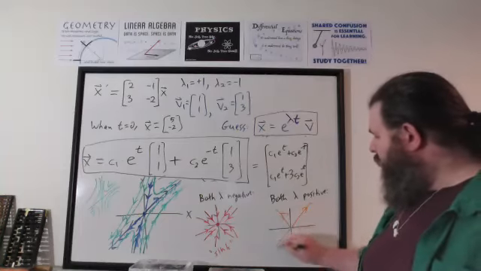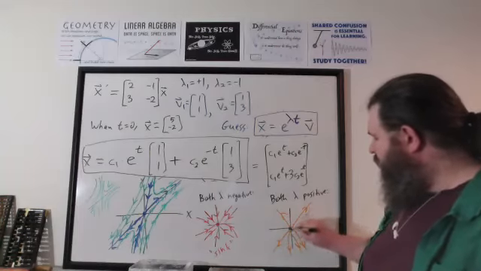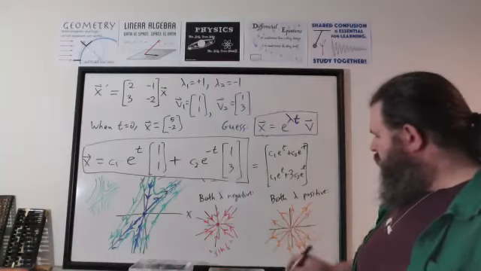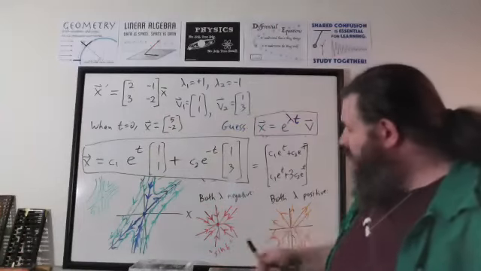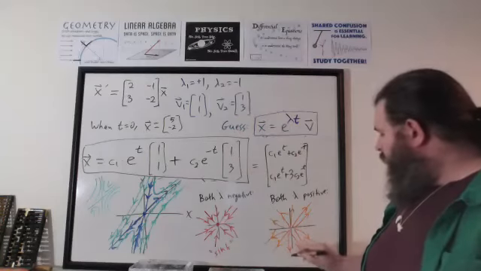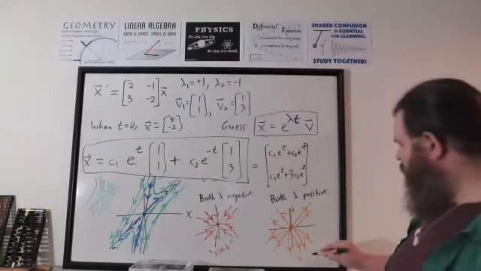Everything would be going outwards from the origin, sometimes in curves, depending on which one is stronger. You wouldn't have functions that come in somewhat and then diverge outwards. All of them are going to be just diverging outwards. But this would usually be called a source. Specifically, the origin would be called a source point.